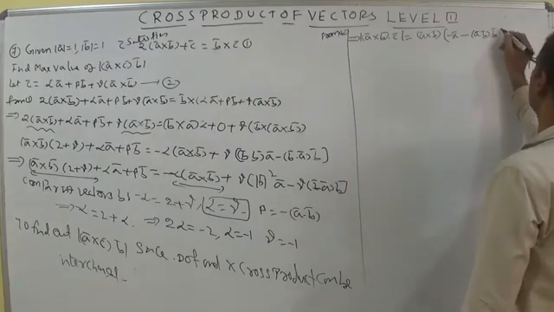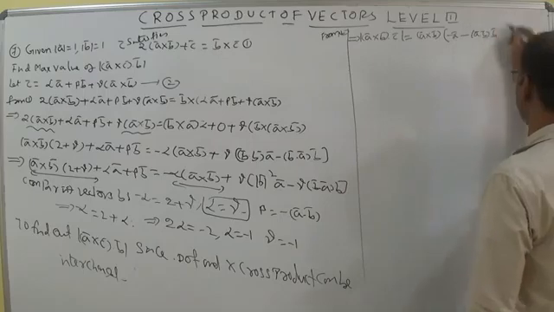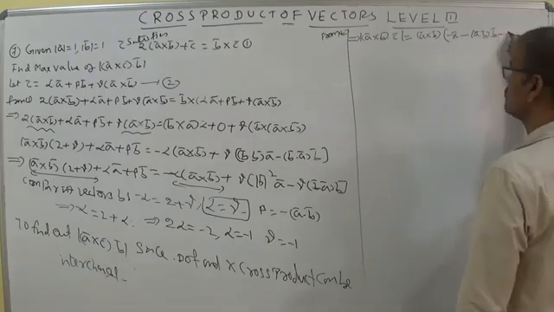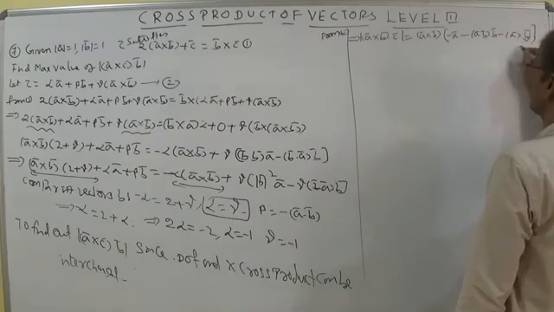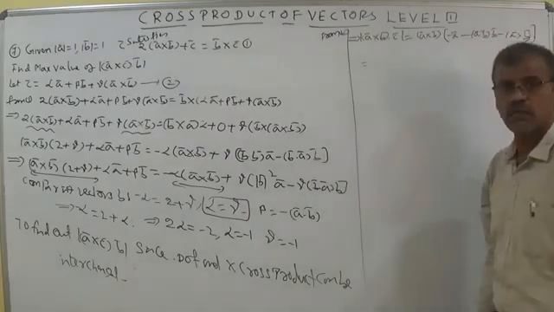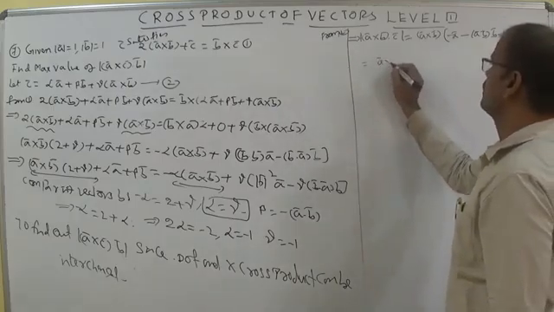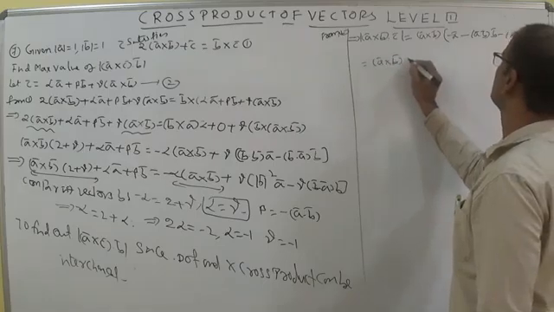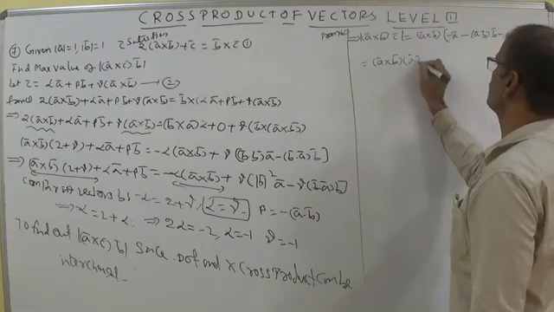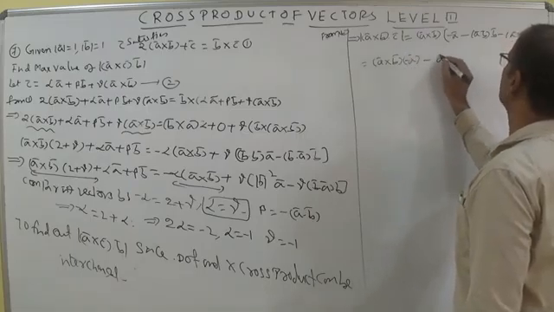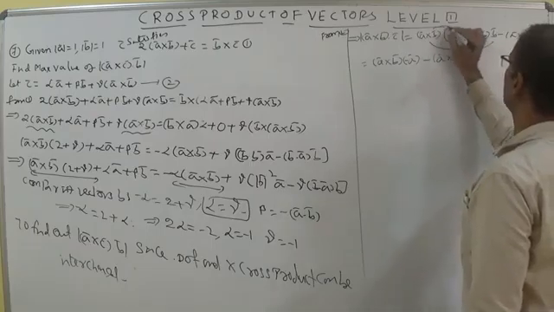Beta B bar into B bar plus gamma. Gamma value minus 1. Minus into A cross B is there. That is equal to, now we are discussing the value modulus of A cross B into C. Here A cross B into minus A we can do. A cross B into minus A I am writing. Minus, you can write here A cross B into, multiply like this and multiply like this.